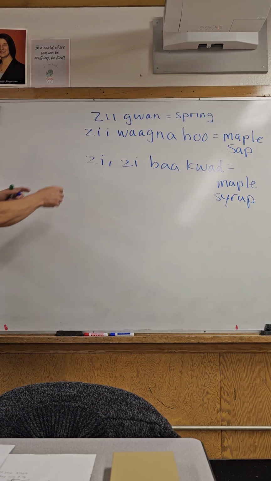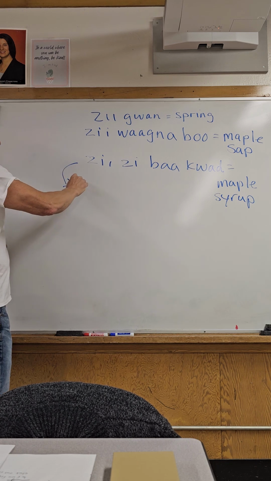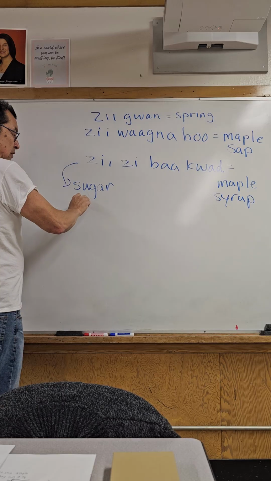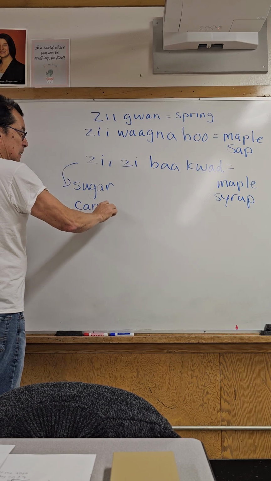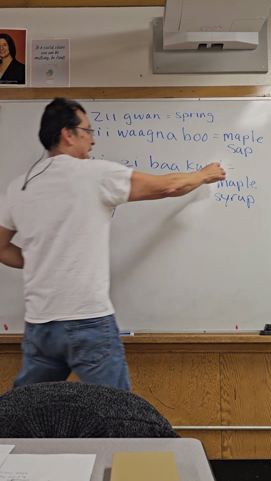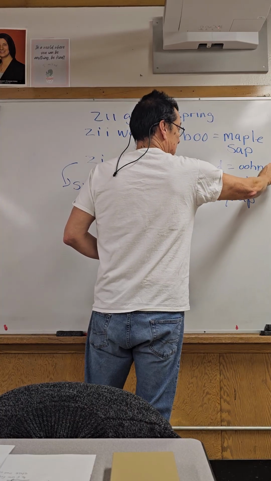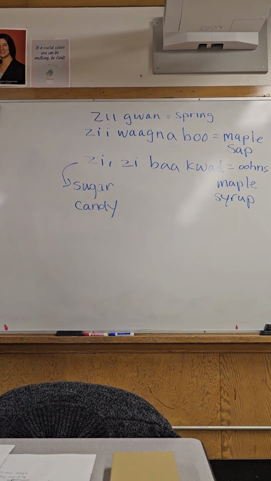And Ziinzibaakwad is just the common word now that we use to describe anything with sugar or like candy. For candy, we might add this little diminutive, Ziinzibaakwadoons, meaning small sugar, little tiny sugars. So that's what we call candy.